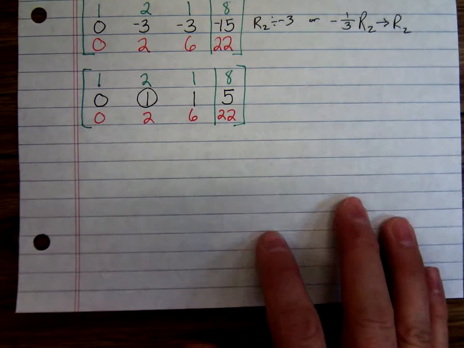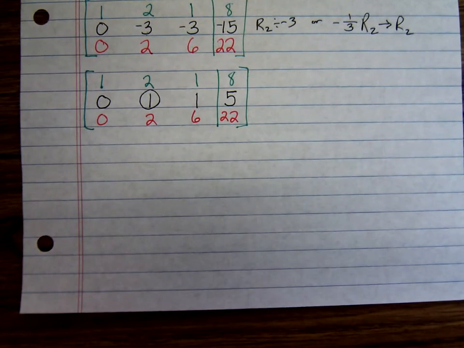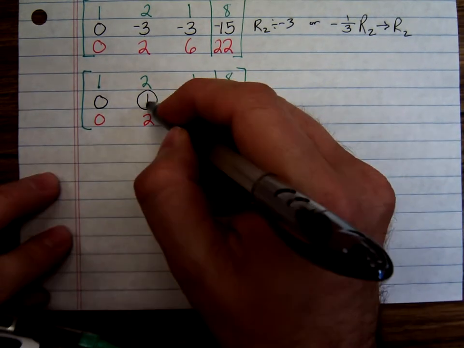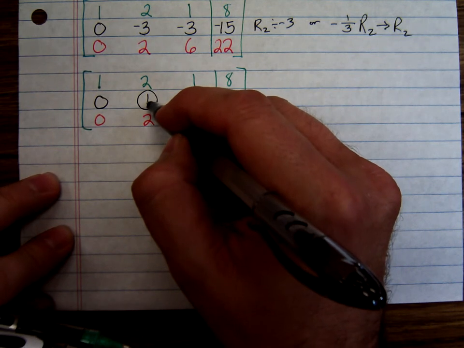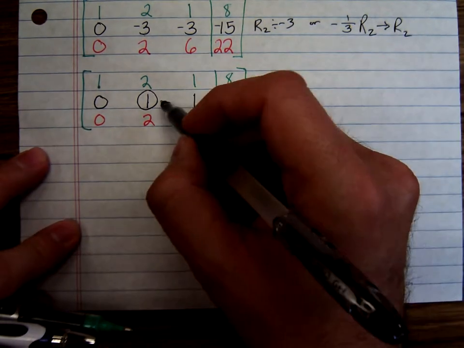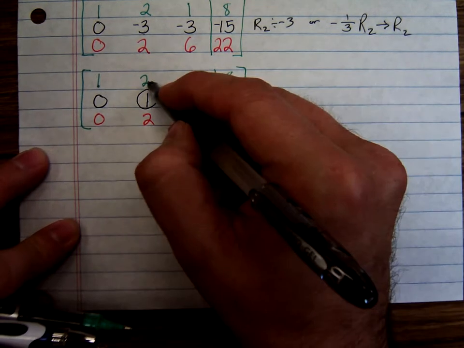You get the 1, then you zero out the column. To zero out the column, you're going to use the row that has that 1 in it. Okay? I'm going to get a 0 right here, right there.